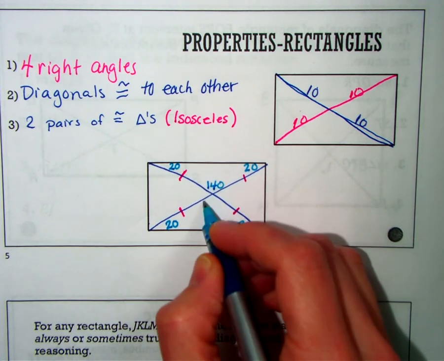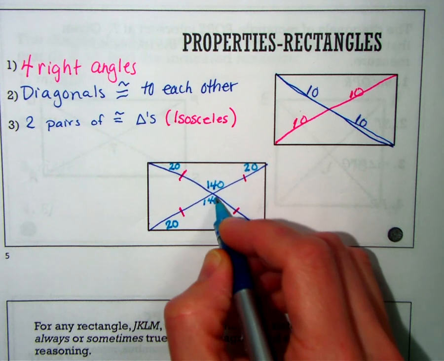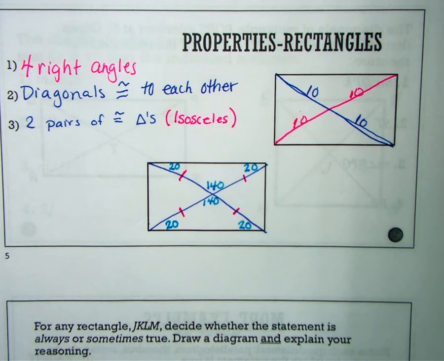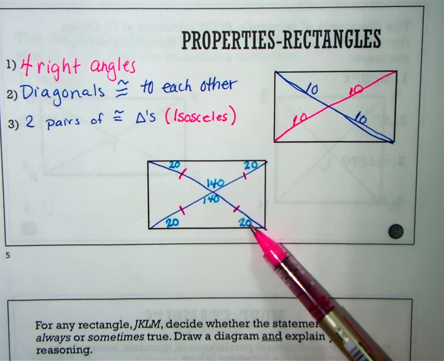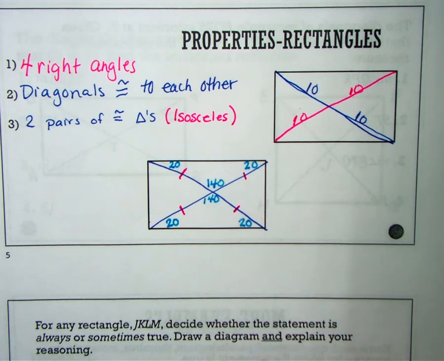And here's where we forget ourselves sometimes. We forget the things we already know. We're going to see if you can remember it. What is this degree measure right here? Yes, 70. Why is it 70? Because this is 90 degrees. It's a rectangle. You know that a rectangle has 90 degrees. We just sometimes forget that. So if this is 90 degrees, we take 90 minus 20.